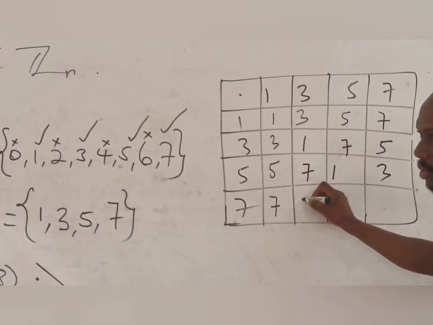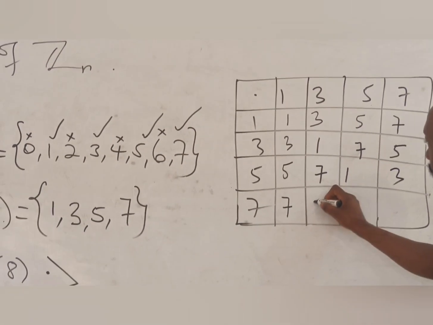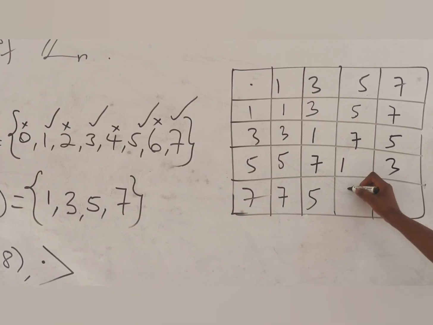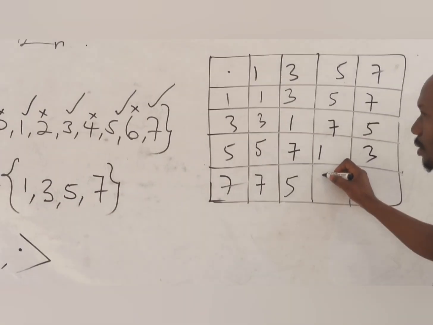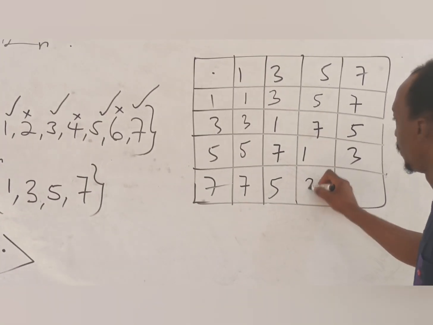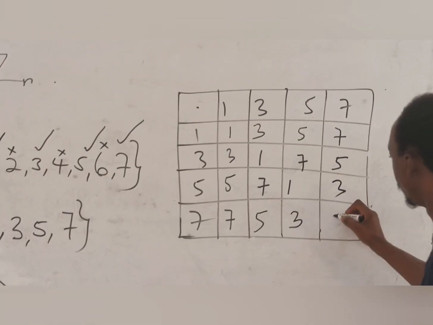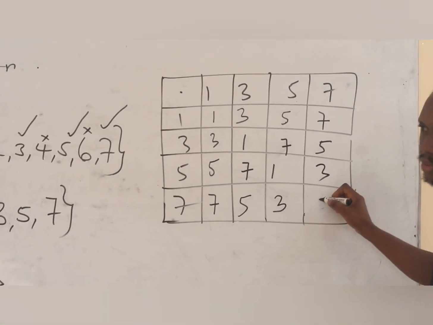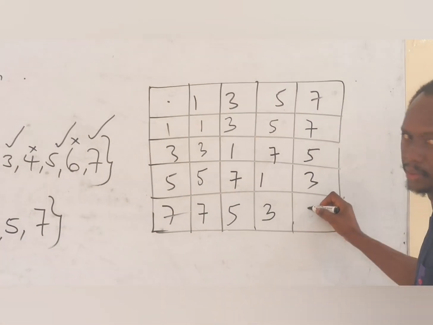What did we get? 5. You had 5, right? Yes. Okay. 7 times 5, what did we get? 35. 7 times 7, 49.